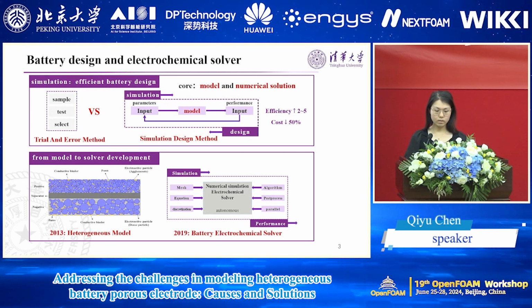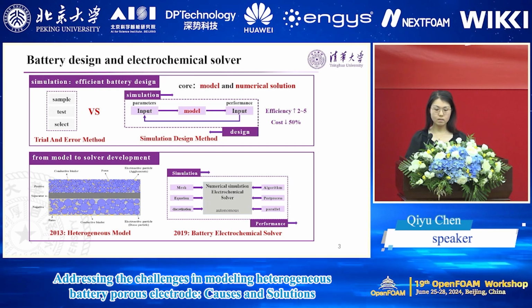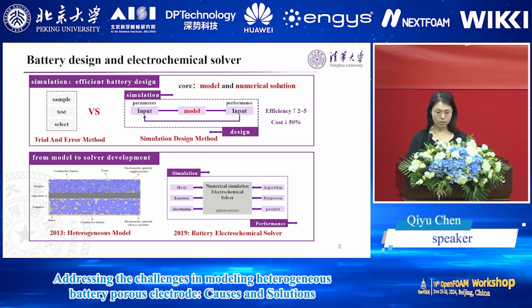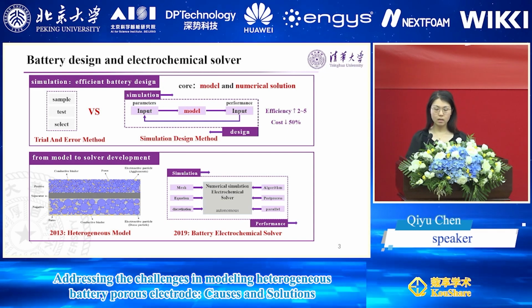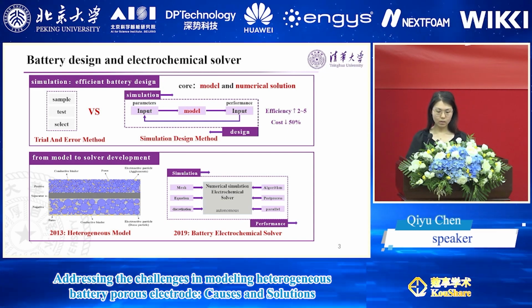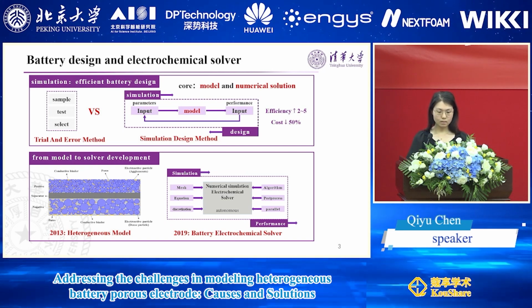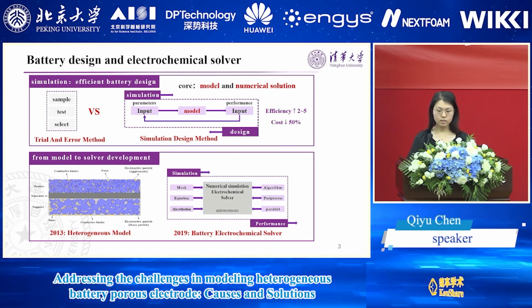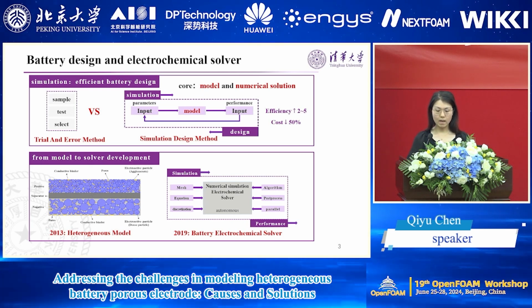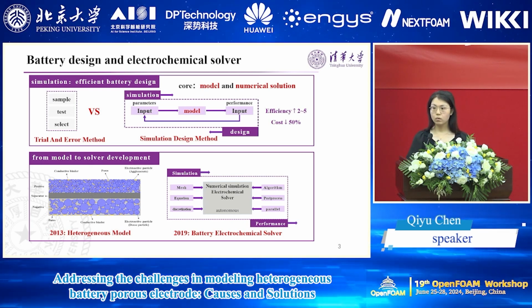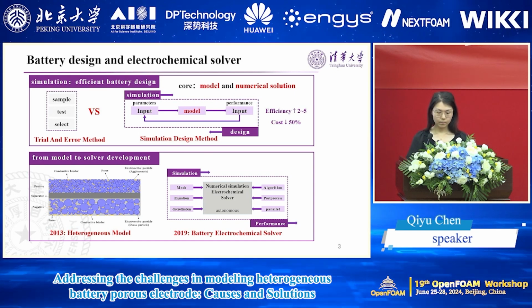The new generation is the simulation design method based on the physical model, in detail input parameters, internal model, and final output of the battery performance. On the basis of ensuring accuracy, the efficiency is increased by 2 to 5 times, and the cost is reduced by 50%. The core of this method is model and numerical simulation.